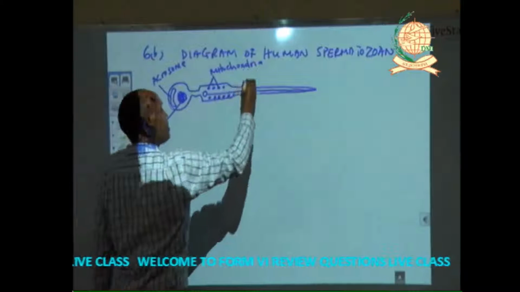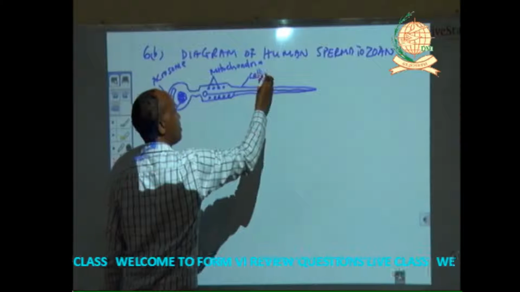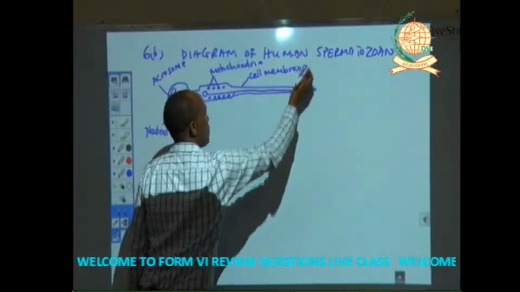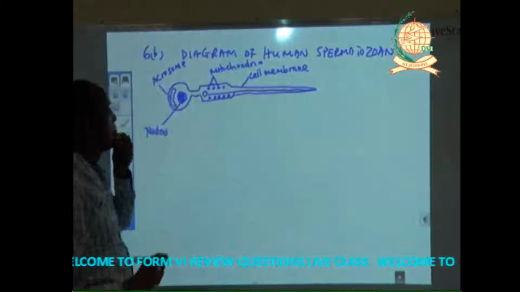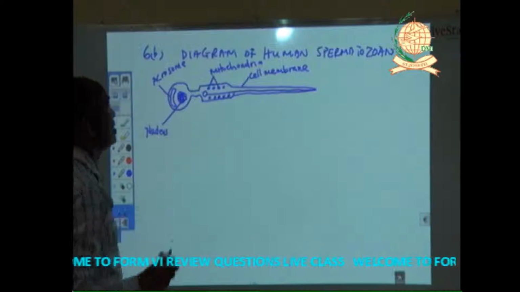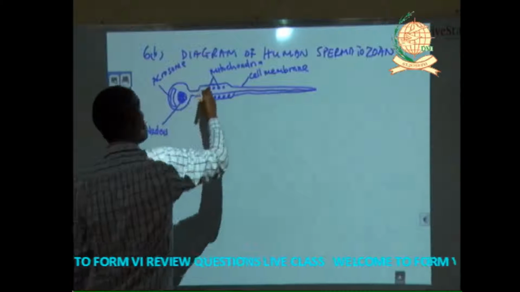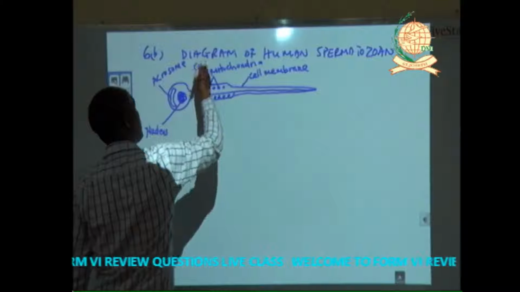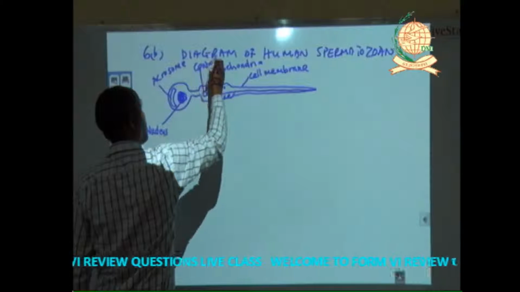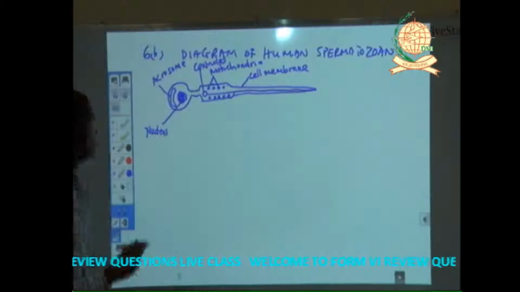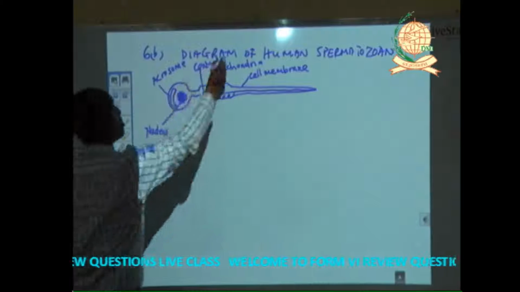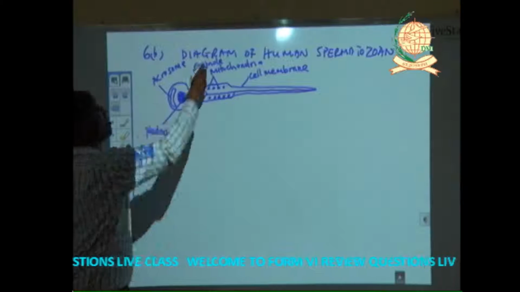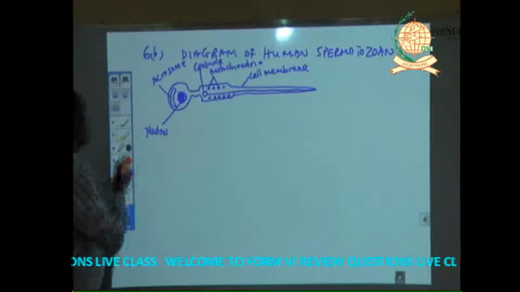This outer one is the cell membrane. And there is this centriole, since it's one centriole.